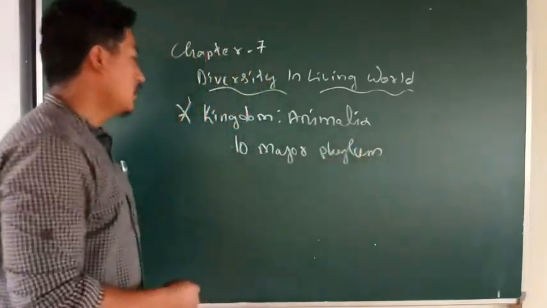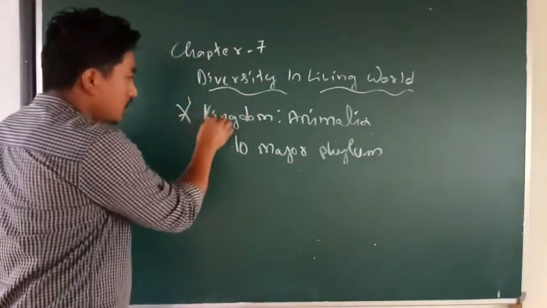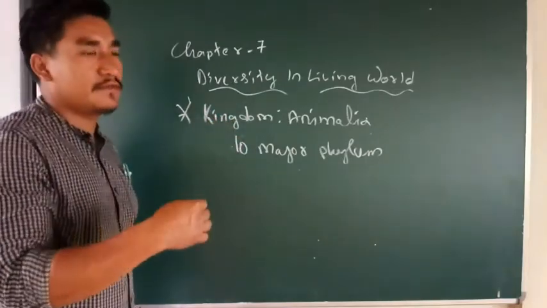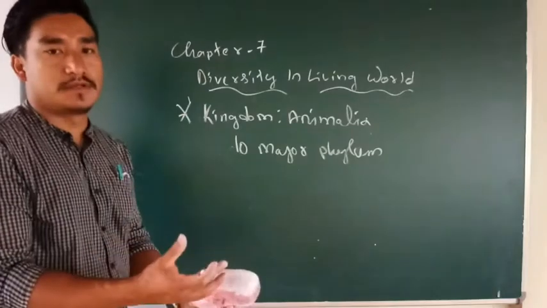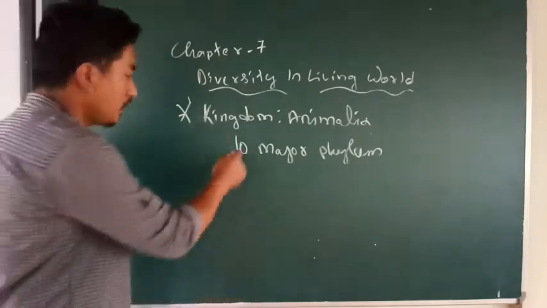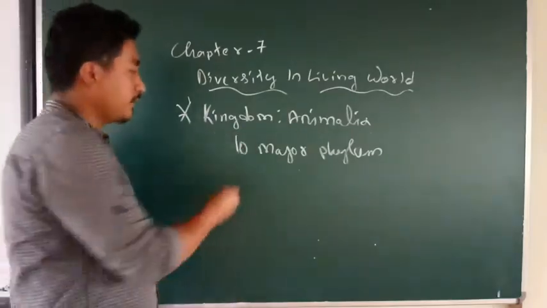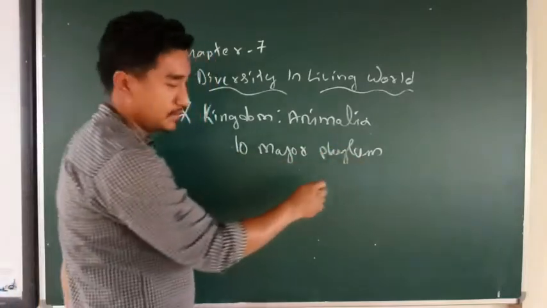That means under kingdom Animalia you will find different groups of animals, and these are grouped into 10 different phyla.